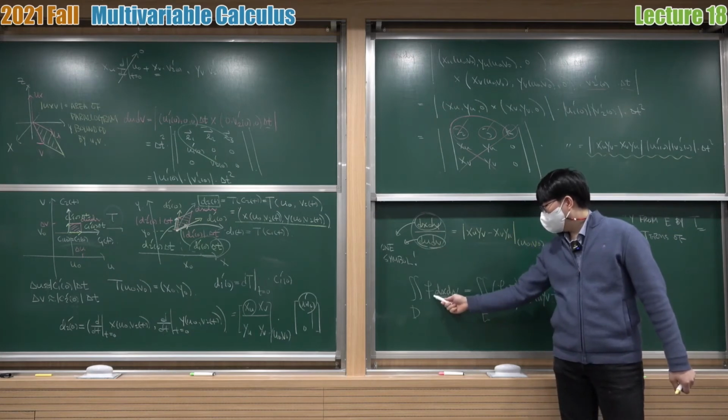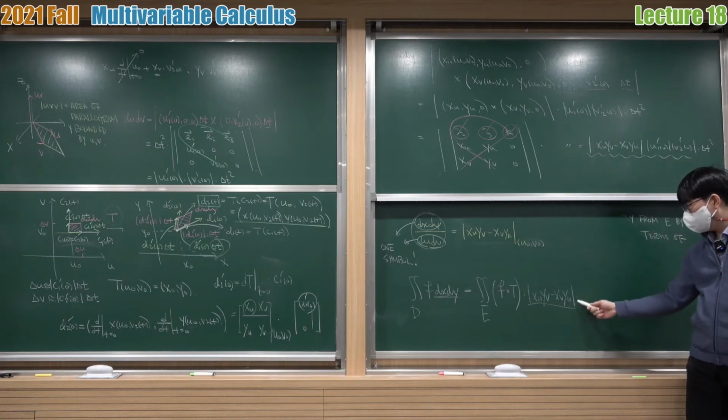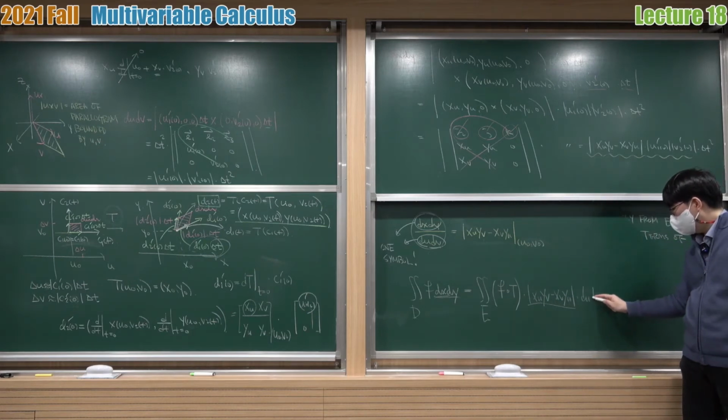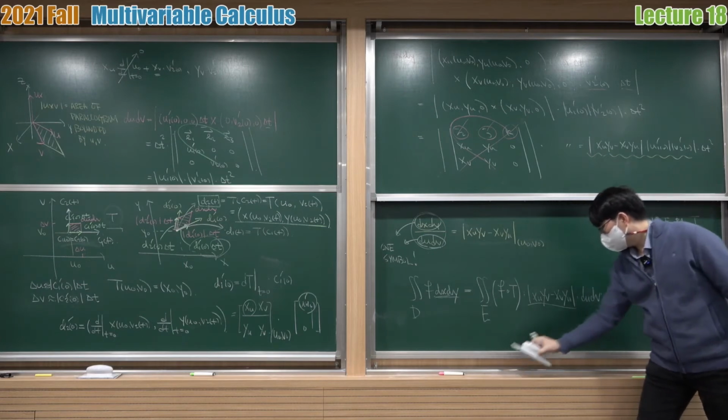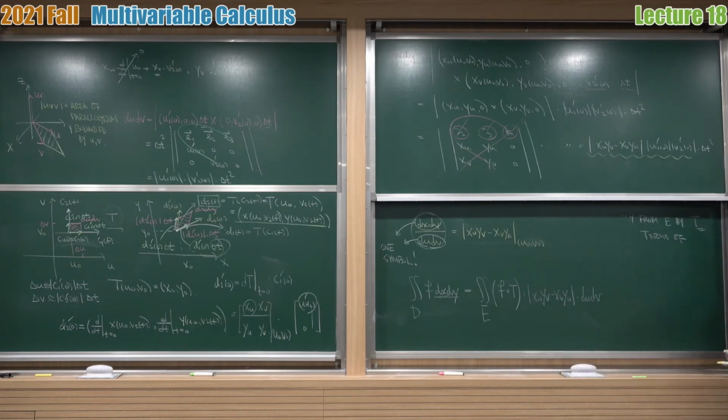So in order to have dx dy, you have this ratio constant times du dv. Okay? That's the integration by substitution.